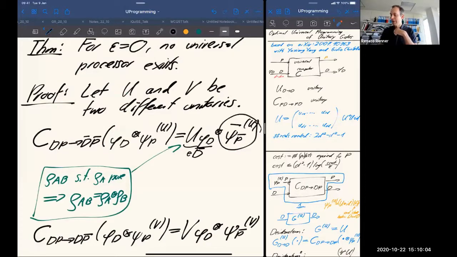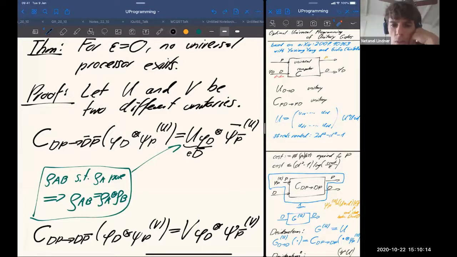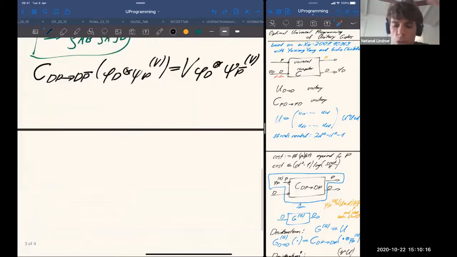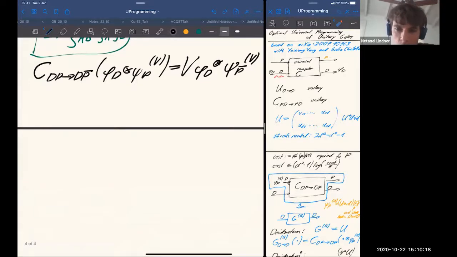That was the technical reason why I called it P bar, because it may include additional stuff that is not included in P. But you could allow, for example, measurements on the program part at the end, and then it would not be unitary.